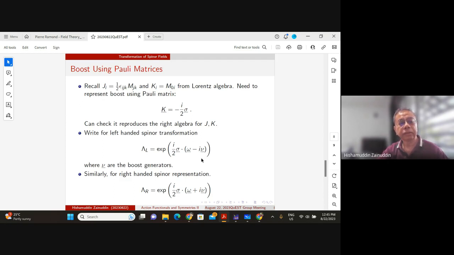In the case of the left-handed one, you have omega minus i nu. Nu will be your boost parameters, and for the right-handed one it will be plus i.